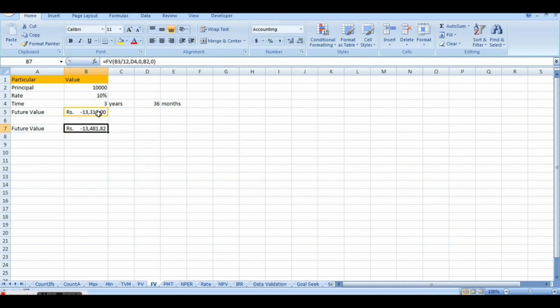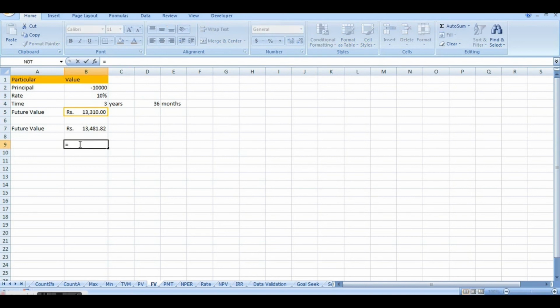Now this applies to the fixed deposit as well. Say for example, the same example, if we assume that this is a deposit, so there will be an outflow of 10,000 at the start. So at the end of 3 years, you will get 13,310 if annual compoundings are done, and you will get 13,481 if monthly compoundings are done.